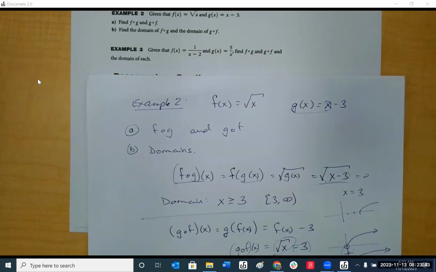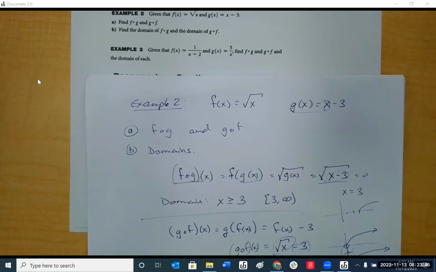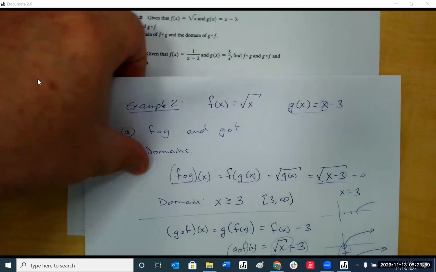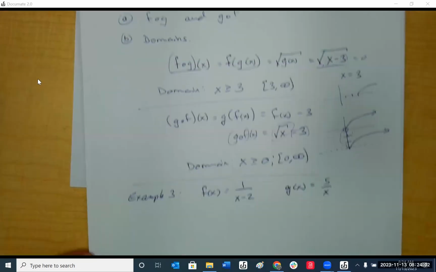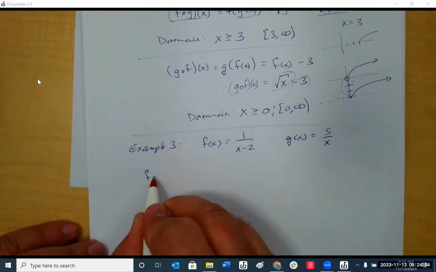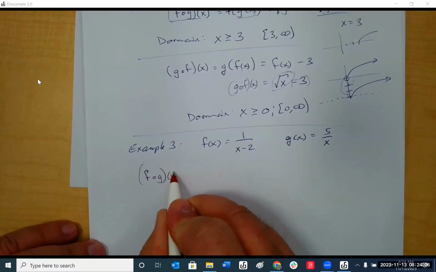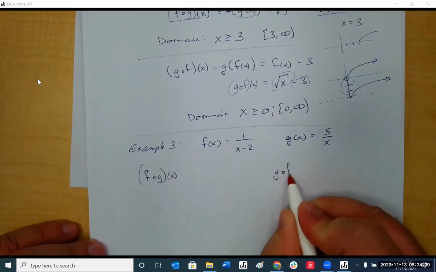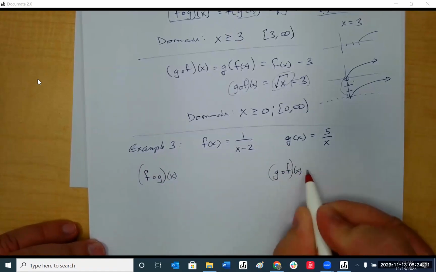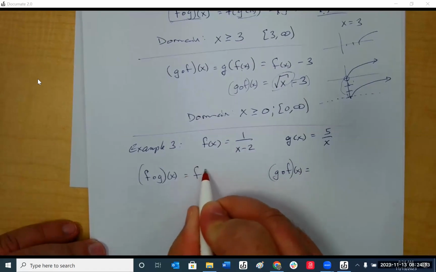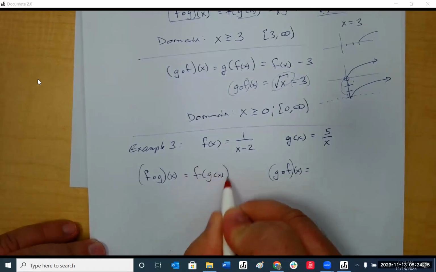Example 3. Given that f of x equals 1 over x minus 2, and g of x is 5 over x, find f of g and g of f. So this is f of g of x.